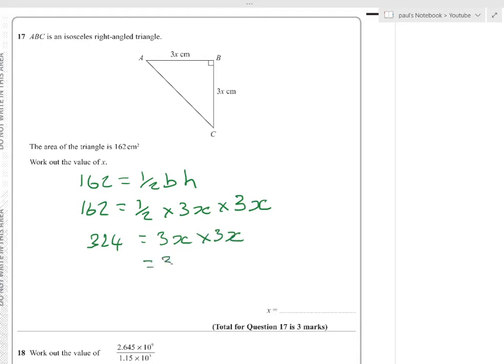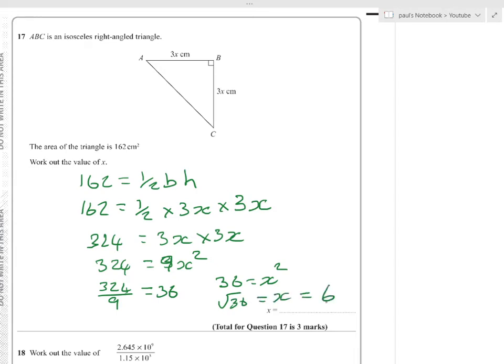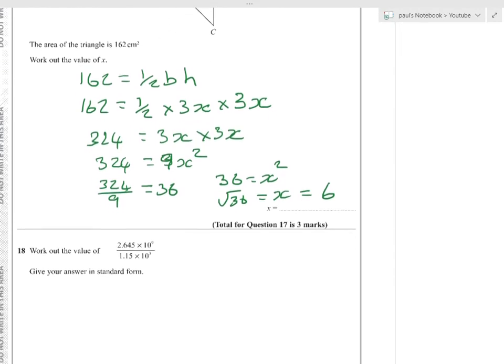So that's 9x squared equals 324. Oh, this is complicated. So 324 divided by 9 is 36. So 36 equals x squared. So the square root of 36 equals x, which equals 6. It's got to be a positive number, yeah? Oh, that was a challenge, that one.